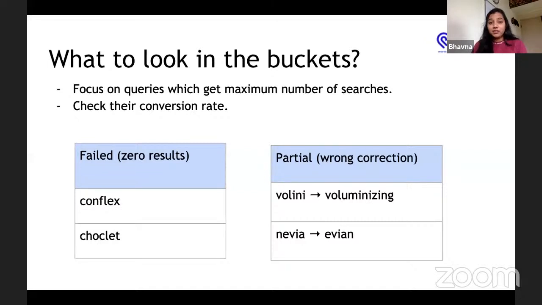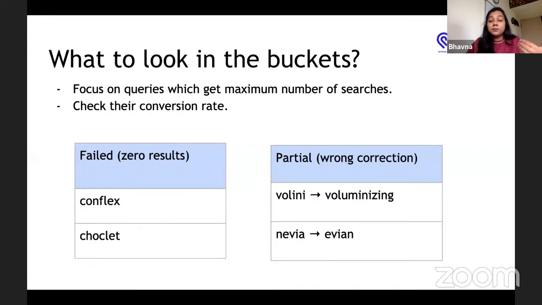But again, we cannot look at each and every query, those 10,000 queries, right? So what we looked at is, we took the top ones. Let's say out of 10,000, we took the top 500. And what we said is, we'll see for these 500 queries which have the least conversion rate, correct?